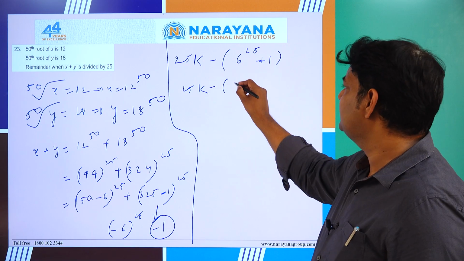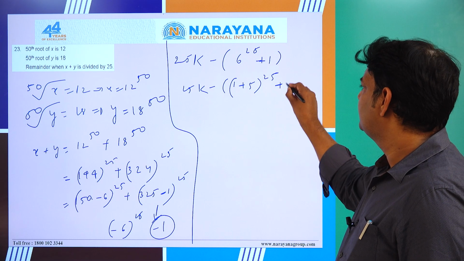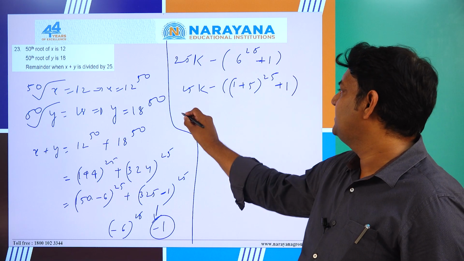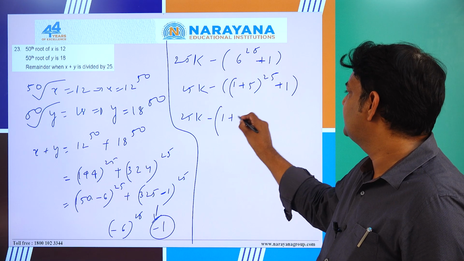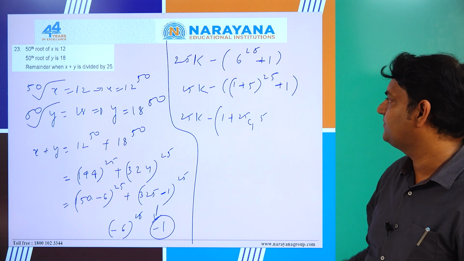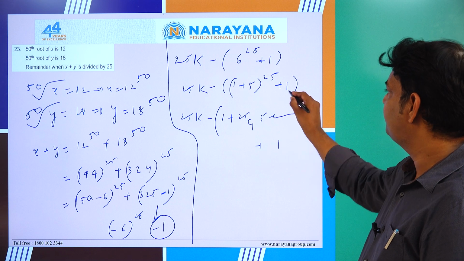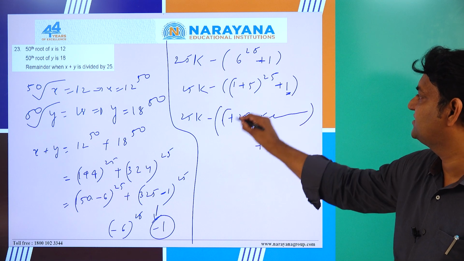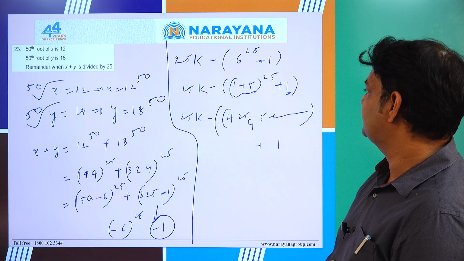minus 6, again we will write as 1 plus 5 power 25, plus 1, that is 25k minus, observe, 1 plus 25 c1 into 5, here only we got the multiple of 25, plus and so on, and finally this plus 1. This is nothing but this expansion, 1 plus 5 power 25, and this plus extra 1.